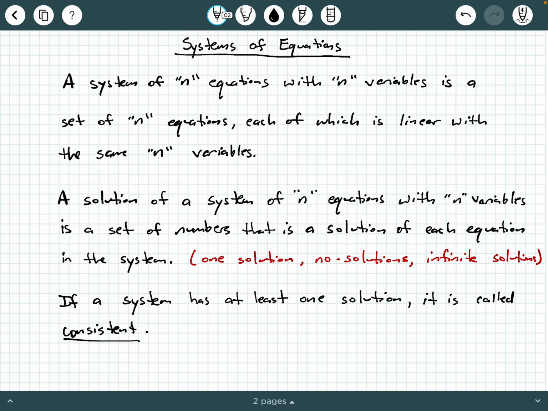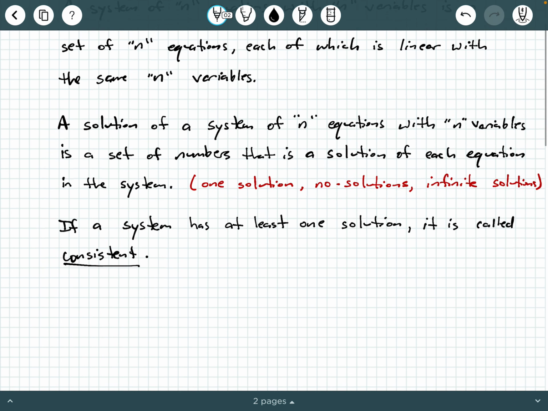So it's given this special label as consistent. If it has no solution, then we call it inconsistent. So we're going to say a system with no solution is inconsistent. Okay, so basically, if you have a system that has either one solution or infinite solutions, then it is consistent. And if you have a system with no solution at all, then it is inconsistent, okay?